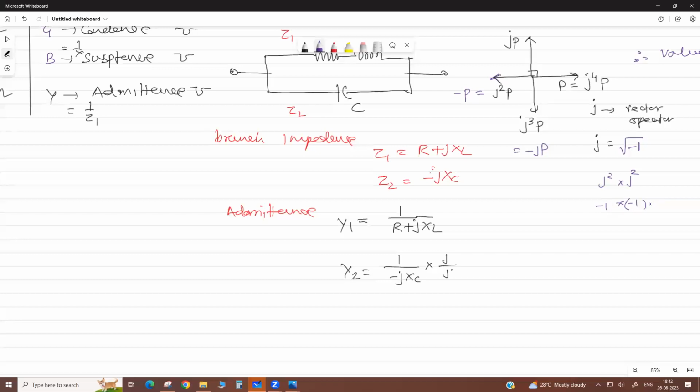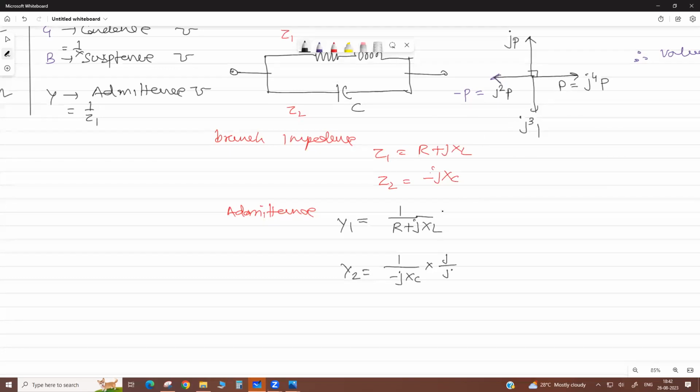So it becomes plus 1. Okay, so this is a j operator. It represents the imaginary portion of a vector.